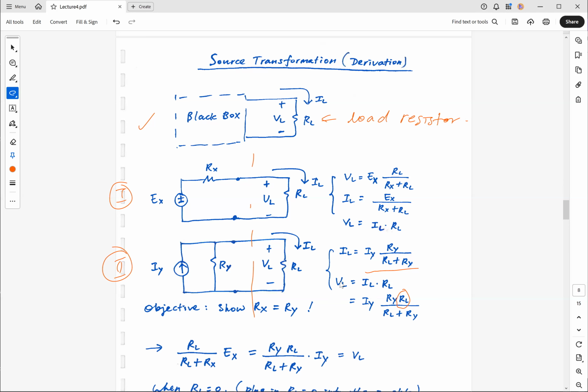So we have written down all these equations that will help us determine VL and IL in these two circuits.